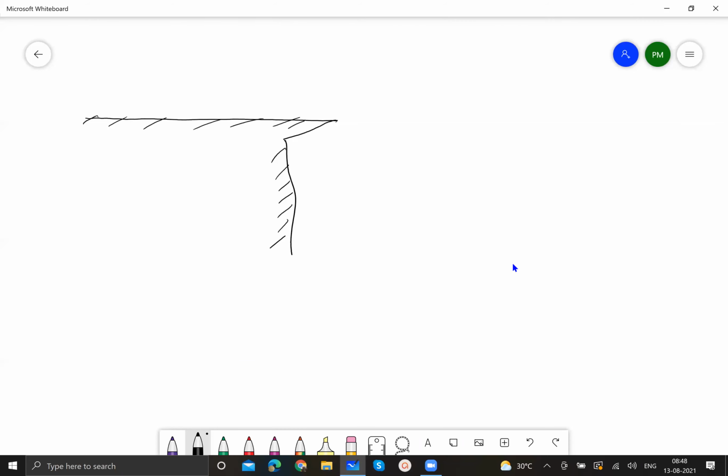So here are all standard problems. You will find them in many books. Here is a pulley, and this is another pulley.